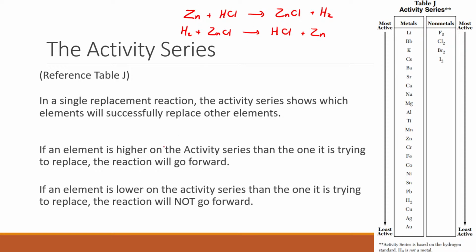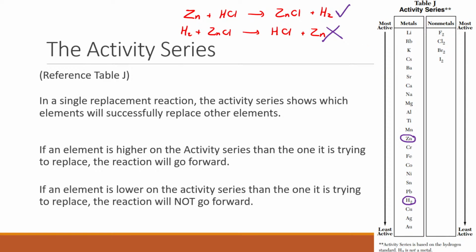And so if I'm looking here at these two elements, I've got zinc and hydrogen. Zinc will replace anything that is below it. So zinc will replace hydrogen. Hydrogen will replace anything that is below it. Hydrogen will not replace zinc.